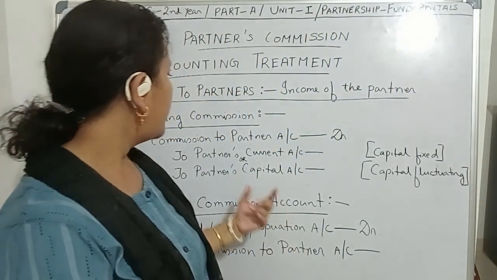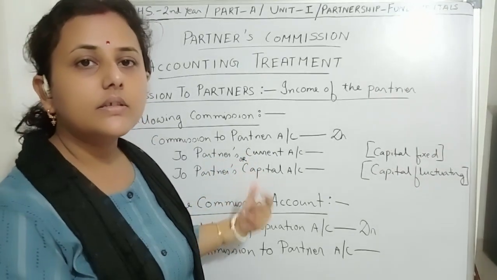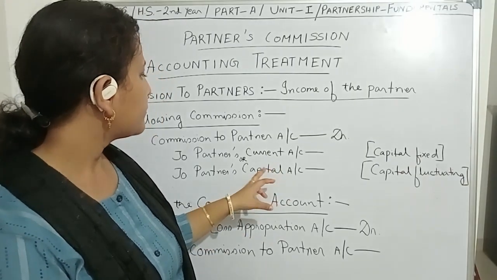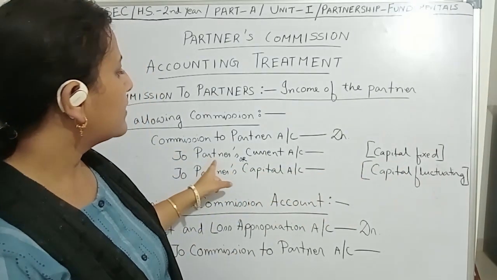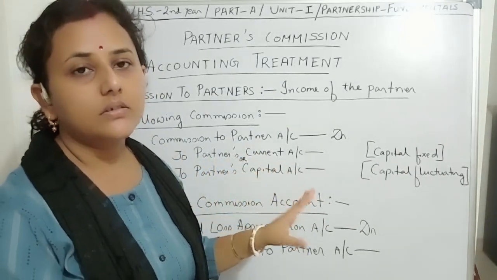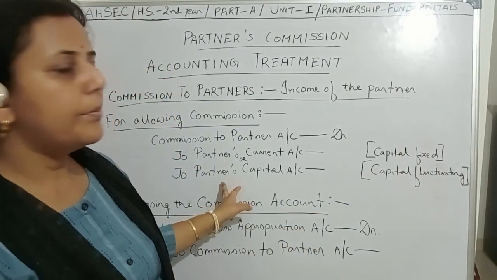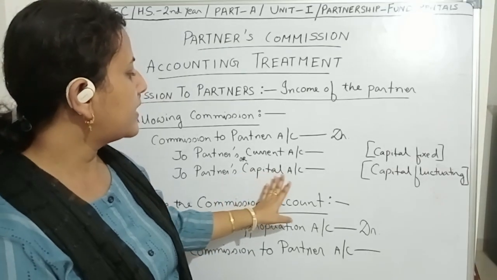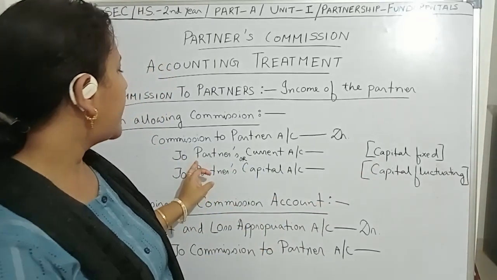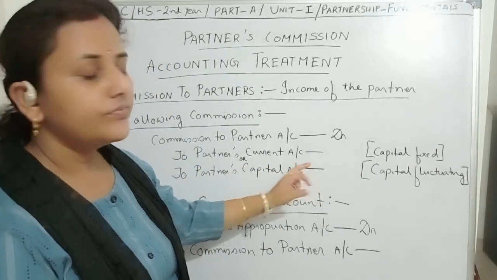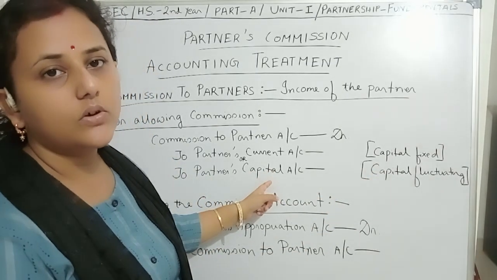In case of partners current account, when capital is fixed, we prepare partners current account, and when capital is fluctuating we prepare only partners capital account. So when capital is fixed we credit partners current account, and when capital is fluctuating we credit partners capital account.